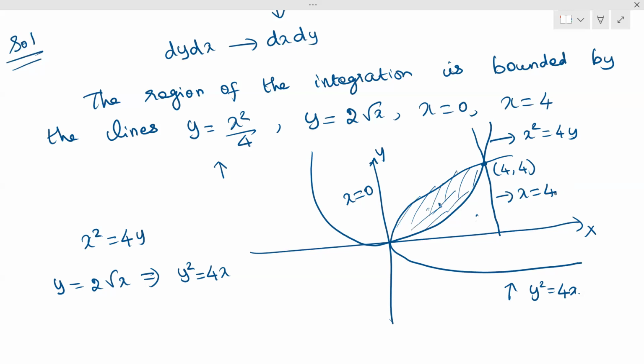After finding the region, we have to find the x limit first. For finding the x limit, we have to draw a line parallel to the x-axis in the region. So it is the starting point of the region. Here, what is the value of x? Here it touches the parabola whose equation is y square equal to 4x, that means x equal to y square by 4.